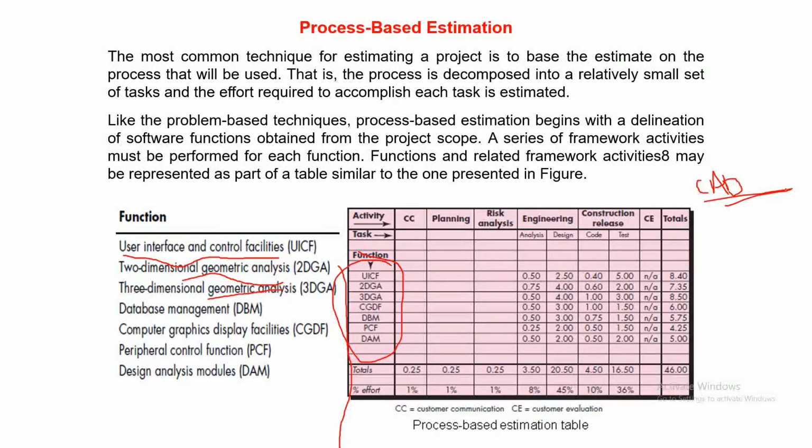For developing this software, these are the various functions identified by the team: database management, graphic display facilities, peripheral control function, and other functions. And here various tasks have been listed out. Say CC, customer communication, then planning, risk analysis, engineering, and so on and so forth.